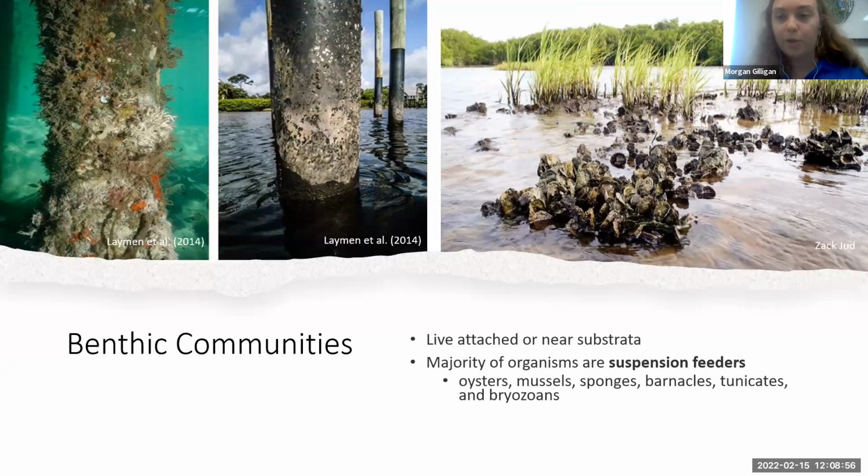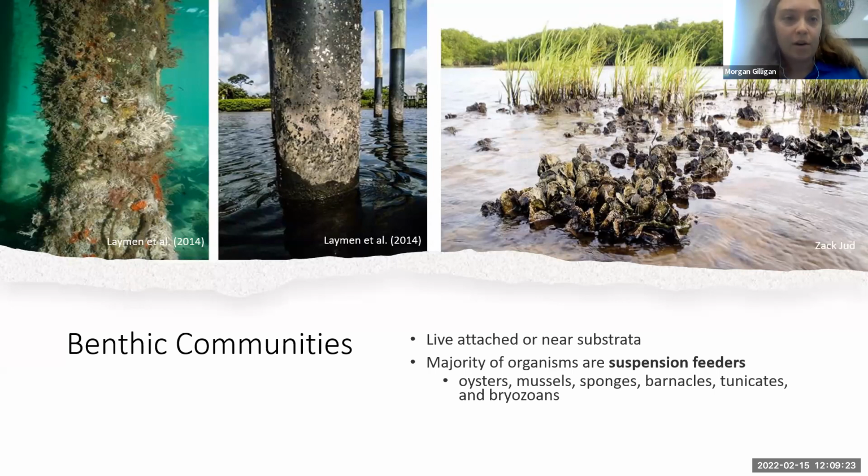Alrighty, so when you think of benthic communities, you probably think of your more popular communities such as oyster reefs, seagrass beds, or mangroves, but you may gloss over the fouling community in general. And just like these other ecosystems, the fouling community is mainly composed of suspension feeders, meaning they take in particulates from the water column and then eject them as feces or pseudofeces.